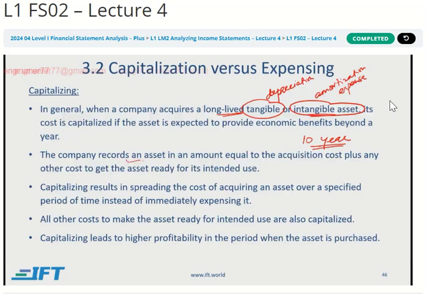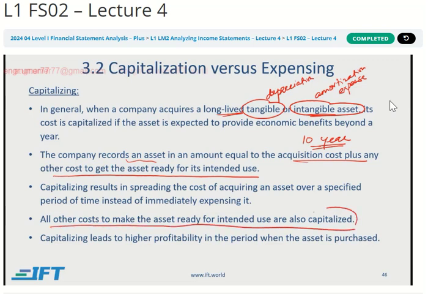So the company will first record an asset, right? Very, very important point here, and it's written twice. Acquisition cost plus any other cost to get the asset ready for its intended use. Again written over here, all other costs to make the asset ready for intended use is also capitalized. So for example, you are buying equipment for your new factory.